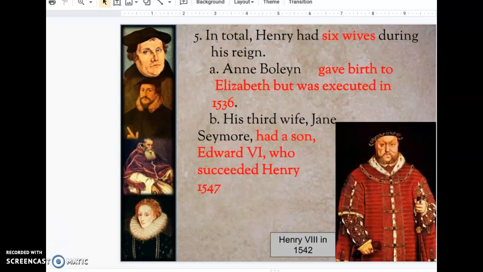Okay, so moving on. In total, Henry had 6 wives during his rule as King of England. Remember Anne Boleyn? I told you she was 6 months pregnant. They went ahead and got married, and she gave birth to a girl. They named her Elizabeth.